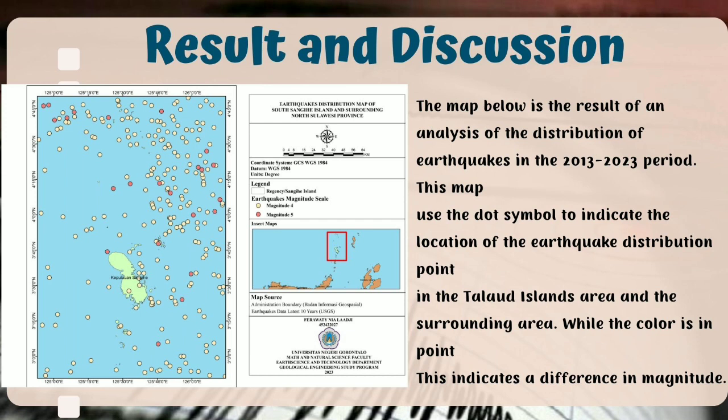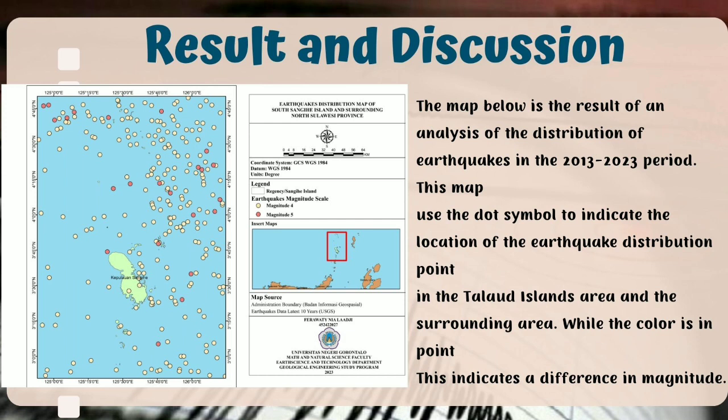From the data result, there were more than 18 earthquakes with both small and large magnitudes. The highest magnitude, magnitude 7, occurred at only two to three points.